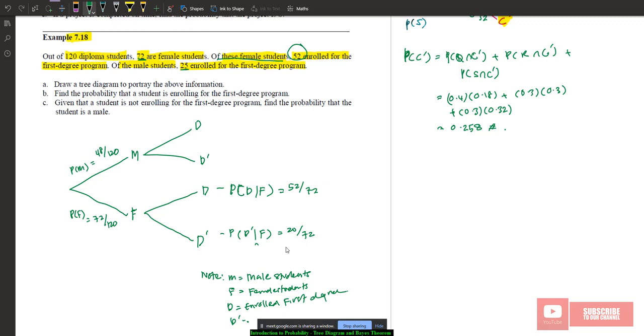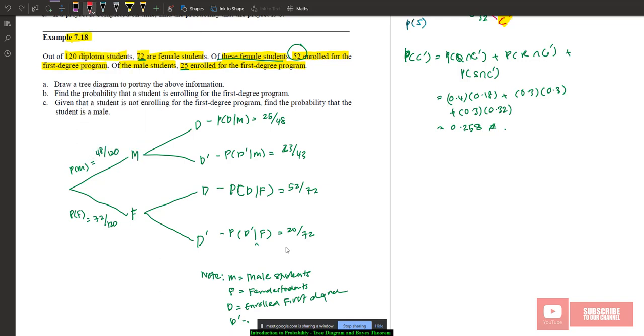For the male students, 25 enroll for the first degree program. Probability of D given M should be 25 over 48, and the complement, probability of D complement given M should be 48 minus 25, it should be equal to 23 over 48, right? This is how we draw a tree diagram.